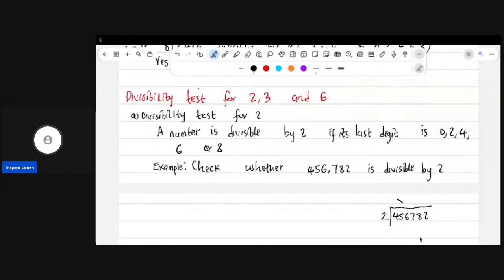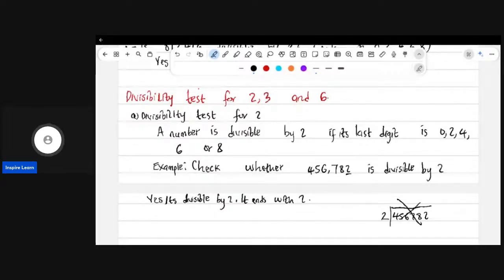When you do that, that is wrong. Remember, the rule is simple: we say yes, it's divisible by 2. Why? Simply because it ends with 2. And that is going to be the answer for that question.